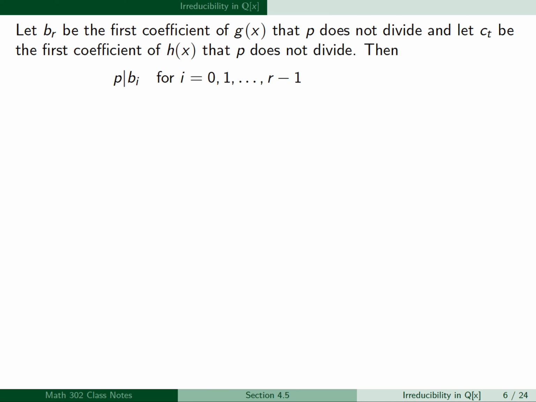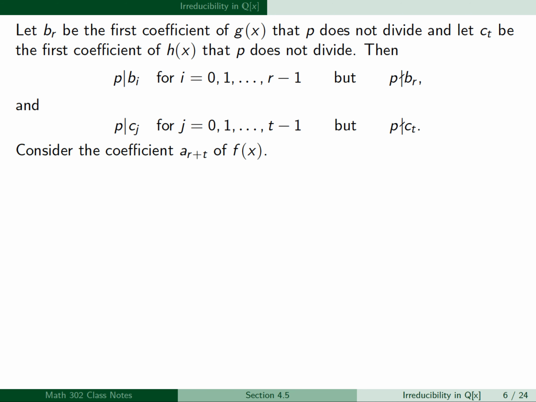Then p divides b sub i for i equals 0, 1, up to r minus 1, but p does not divide b sub r. And p divides c sub j for j equals 0, 1, up to t minus 1, but p does not divide c sub t. And let's consider the coefficient a sub r plus t of f(x).